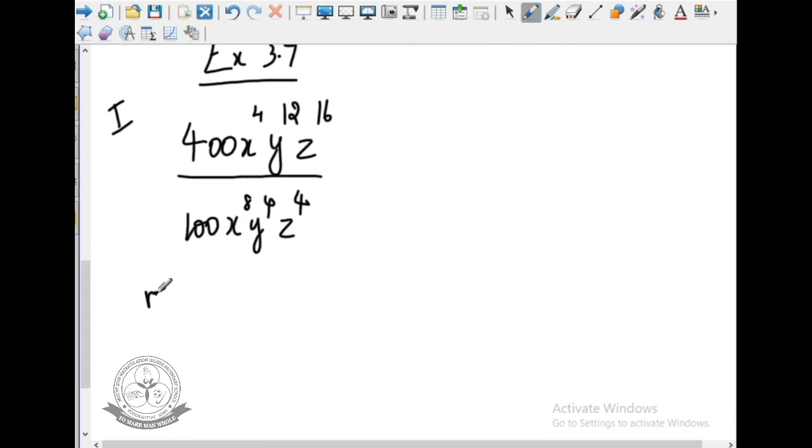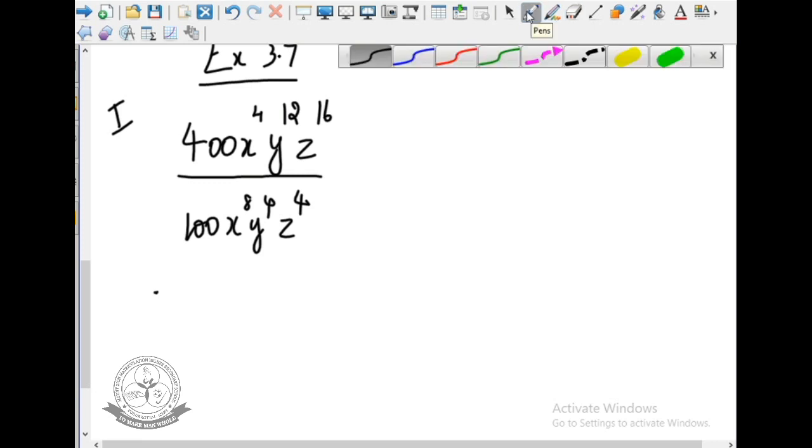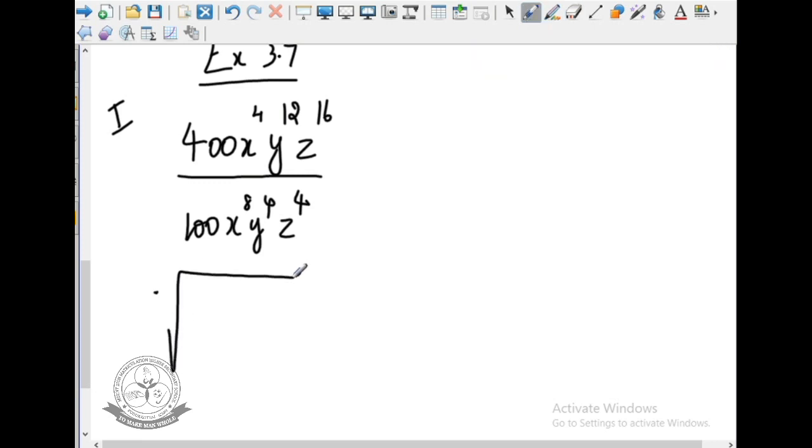First I put the square root of that value, 400 x power 4 y power 12 z power 16 divided by 100 into x power 8 y power 4 z power 4.